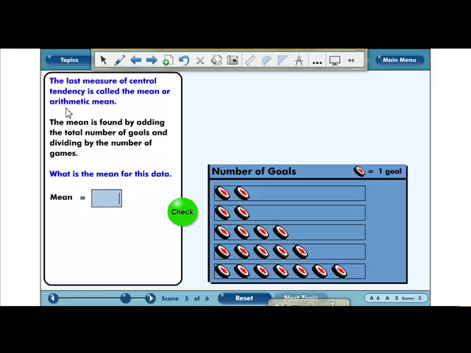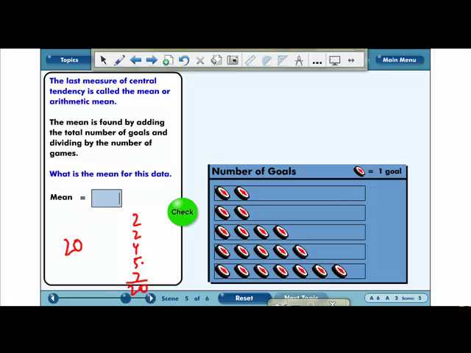And then the last measure is called the mean, or the arithmetic mean. The mean is found by adding the total number of goals and dividing by the number of games. So we have 2 plus 2 plus 4 plus 5 plus 7, and we have to add those together. 2 and 2 is 4. 4 plus 4 is 8. 8 plus 5 is 13. 13 plus 7 is 20.